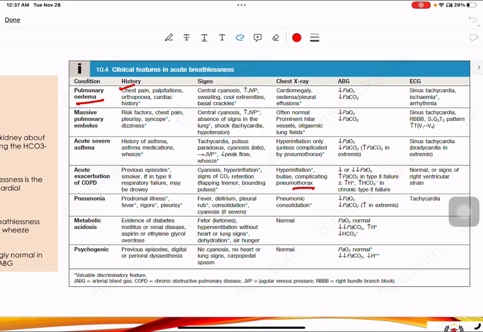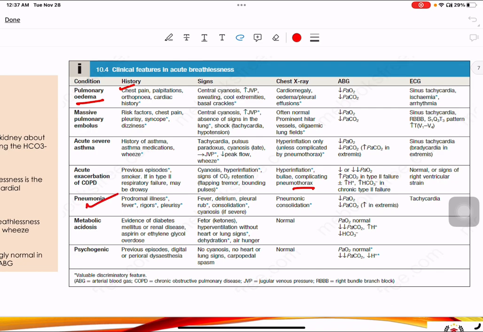There may be hyperinflation on the chest X-ray, hyperinflation of the lung field, and a tubular heart. It may be complicated by pneumothorax, and the patient may have evidence of type 2 respiratory failure, with low oxygen but high carbon dioxide on ABG. On ECG, it may be normal, or there may be signs of right ventricular strain, that is the patient may have RBBB or right axis deviation.